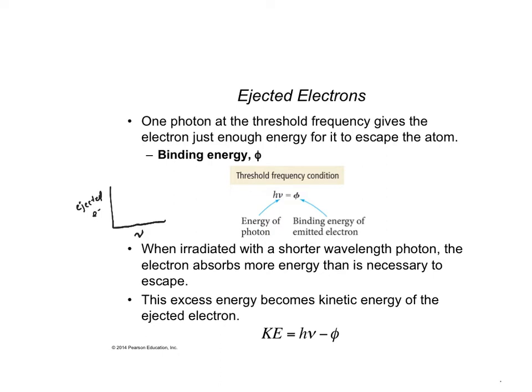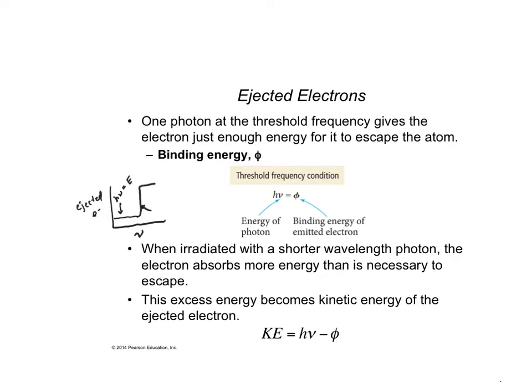right? And so at frequencies that were below the threshold frequency, we didn't see any ejected electrons. So these little photons of light, which we can now calculate the energy of, did not have enough energy to actually eject the electron. Once we hit our threshold frequency, that's when we started to see ejected electrons.